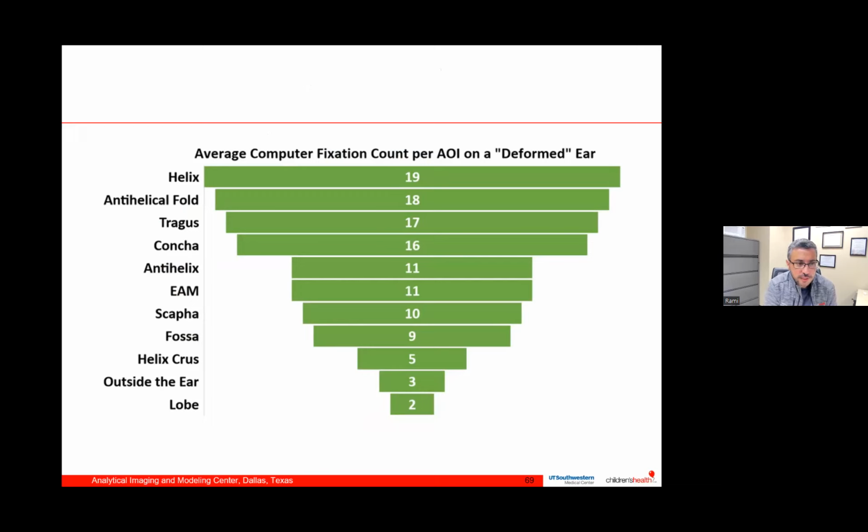So 19 patients had ear deformity or not perfect correction on the helix versus anti-helix fold. But if you look at the bottom of it, for example, number 3 here, it says it's outside the ear. So in that case, the machine was inaccurate in finding the features of the ear. It thought somewhere outside the ear is abnormal. So these show you that the machine learning model can still be improved to make it much more efficient.